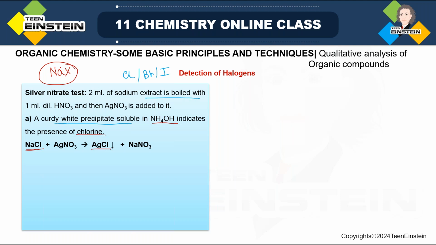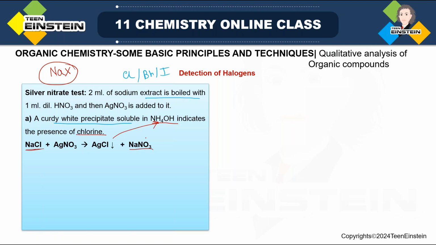So here we are talking about chlorine, so that is why it is NaCl. Now this NaCl will react with AgNO3 and there will be formation of silver chloride precipitate. This is insoluble in water, so that is why you will get a precipitate. And the byproduct is soluble. So the precipitate is because of silver chloride. And this silver chloride, in the presence of NH4OH, forms a complex which is again soluble.